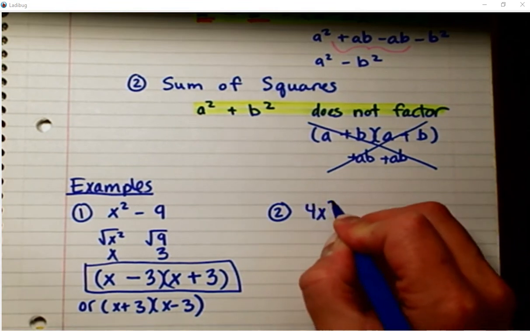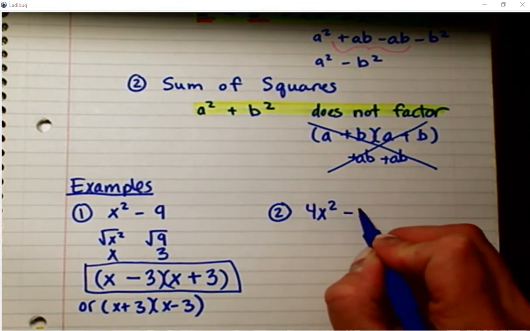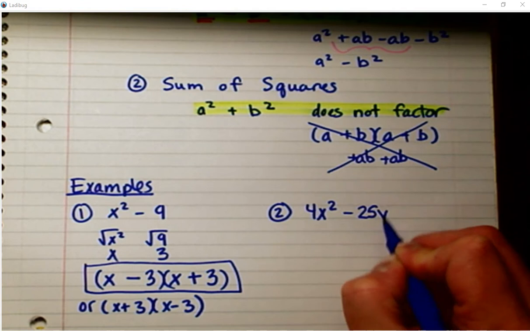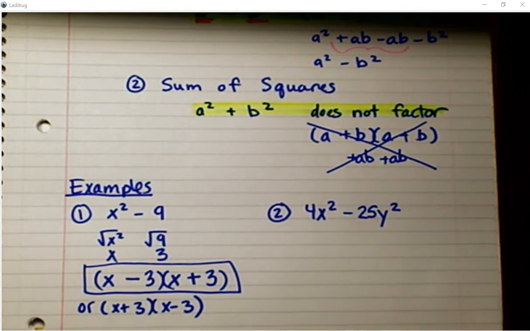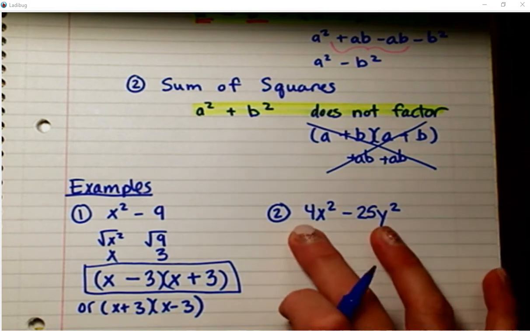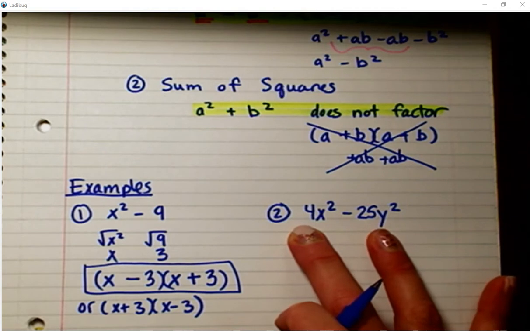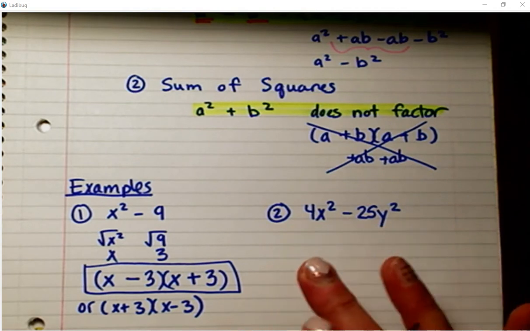Right, 4x squared minus 25y squared. Ooh, extra letters. That's okay. All right. I do notice that one, it's not a trinomial, right? That means that the middle term is 0.